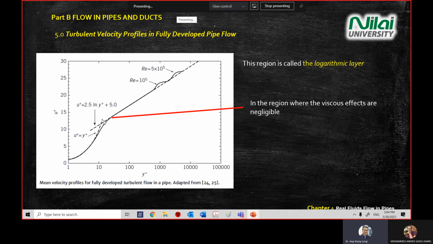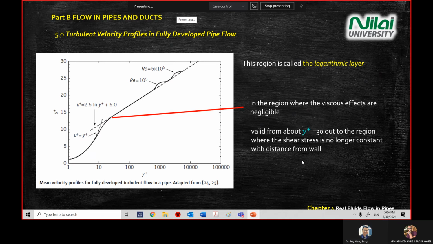During this logarithmic layer, the viscous effect we can ignore. And it's valid up to Y plus 30, up to here.